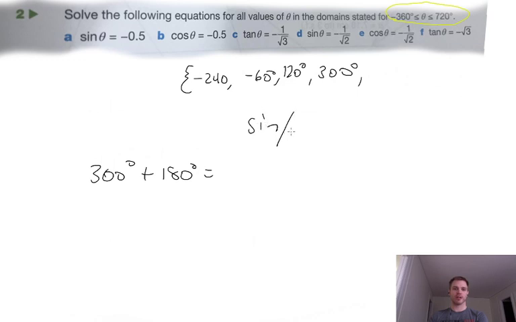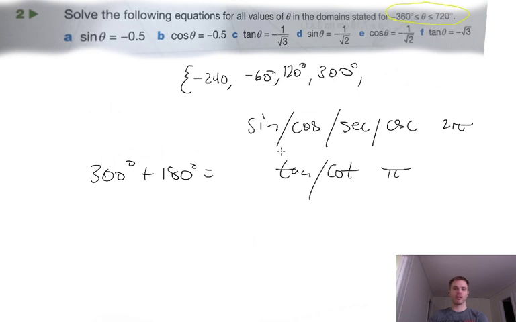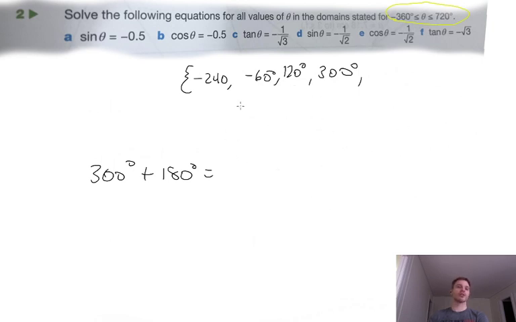Sine and cosine and secant and cosecant all have a period of 2 pi or 360, and then tangent and cotangent is pi or 180, okay? So either memorize it or just work through it. It's illuminating. You'll understand it a lot better.